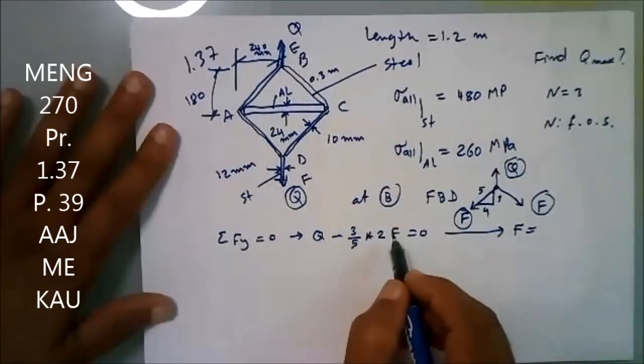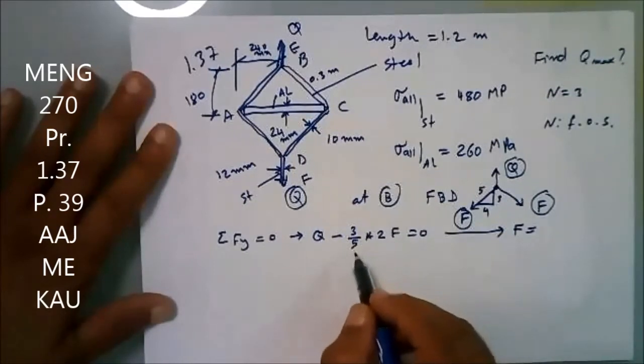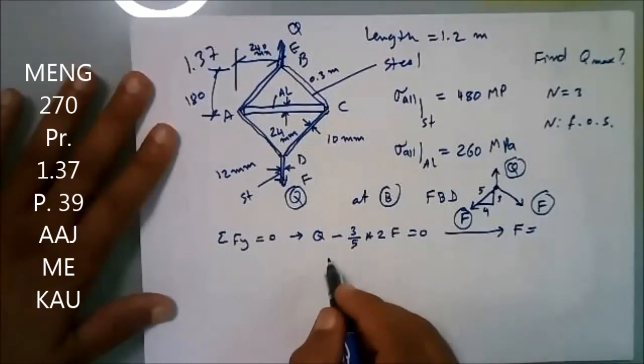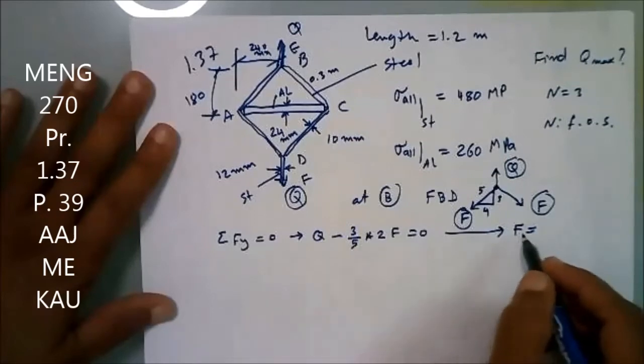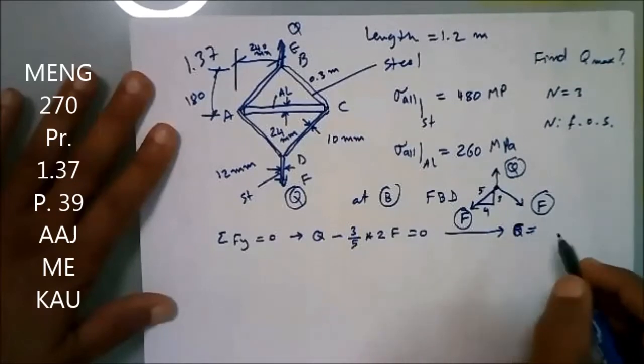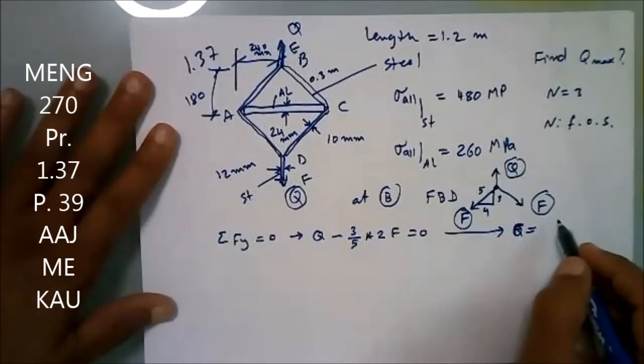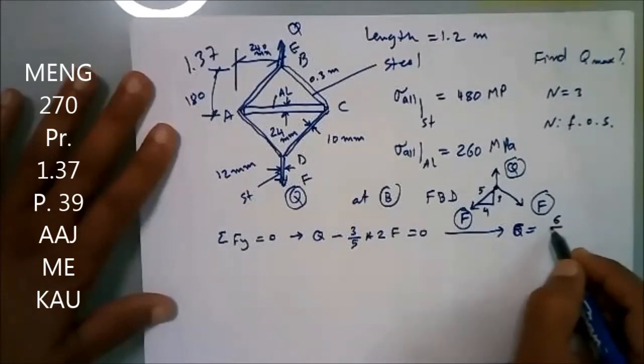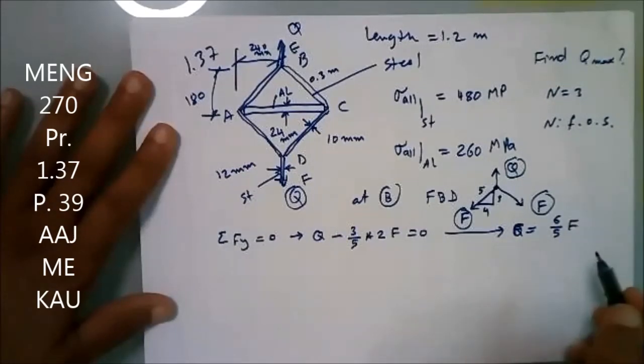If we simplify this, let's combine the forces here on one side. Of course, we can say Q is equal to 6/5 force. Clear, Shabab?